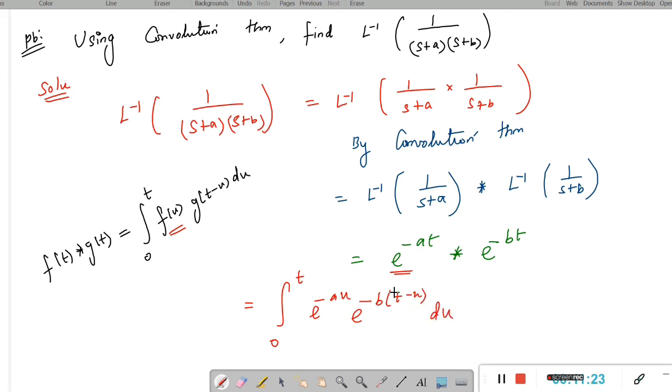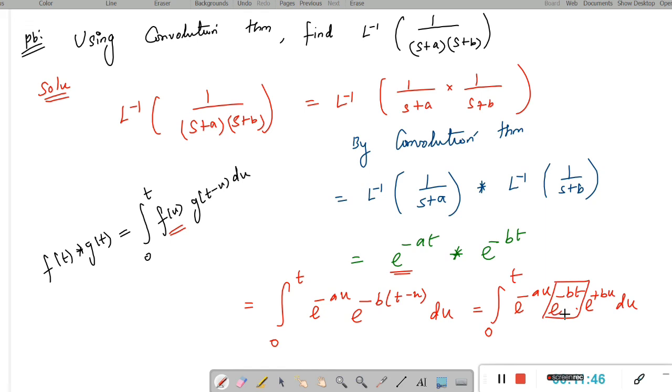So if you multiply minus inside the close bracket, you may get integral over 0 to t e power minus au e power minus bt into e power minus of minus plus bu du. You can take e power minus bt as a constant compared to u.